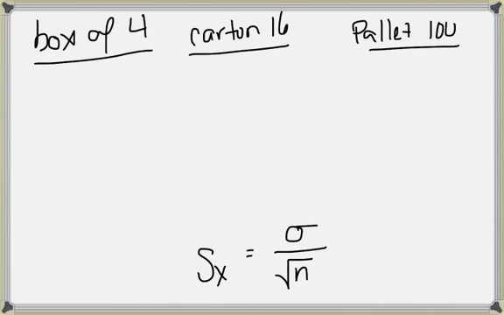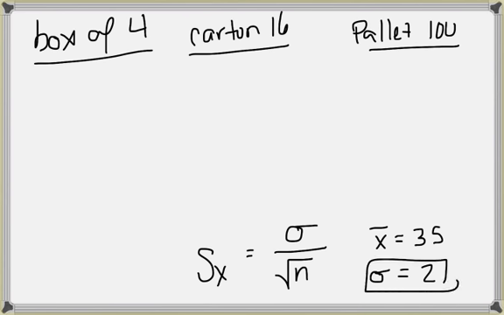Now remember, we have a mean weight of 35, and the standard deviation they're saying is 2. So we're going to need to know this value. For our box of 4, to calculate our sample standard deviation, we're going to do our population standard deviation divided by the square root of n.